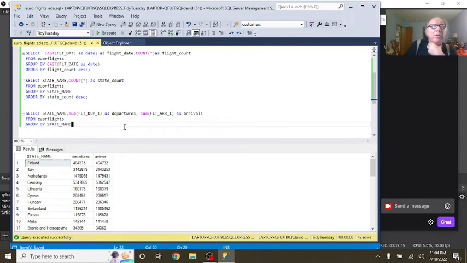Now at this point, we haven't really done anything by date. Okay, we could count. We did a count up here, right? But what we could do, we could come down here and we could do total flights. We could do arrivals and departures by flight date.